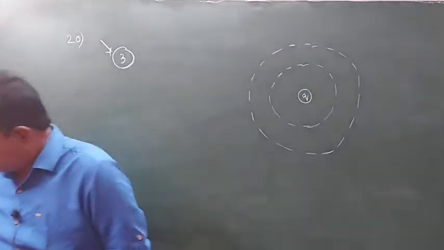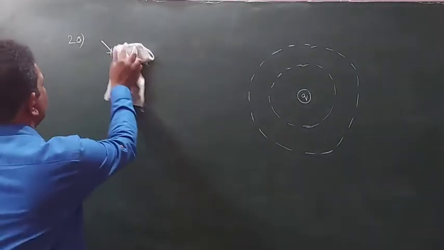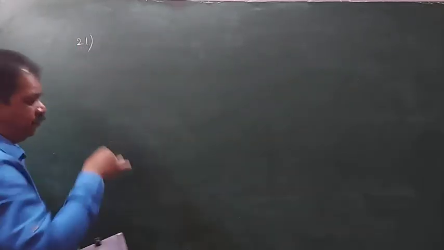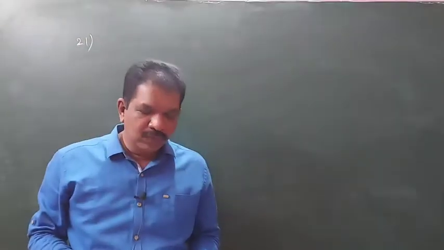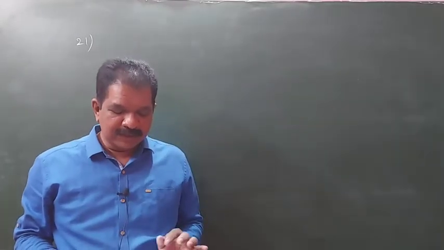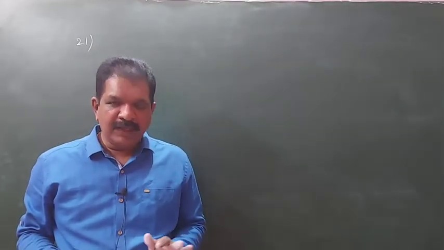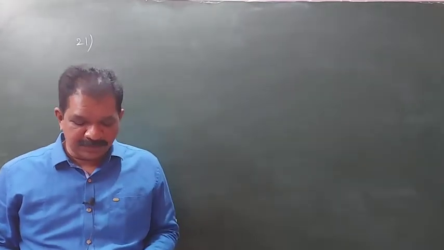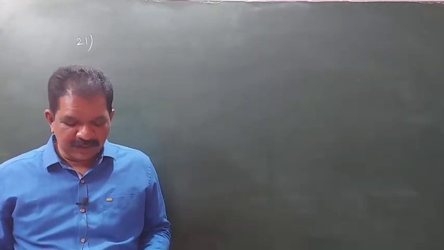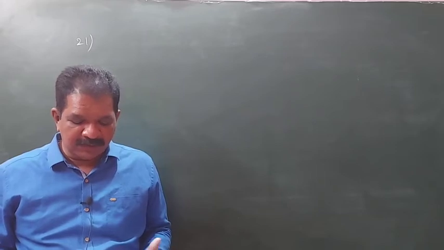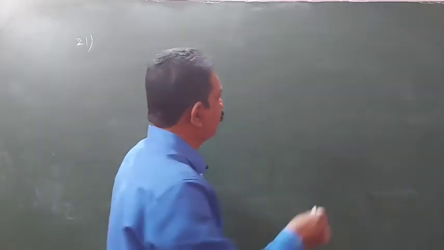Next, 21 you see. What they are asking? 2 point charges, 3 nanocoulomb and 1 nanocoulomb, are placed 5 centimeter apart. The work done to move the charge B towards A by 1 centimeter.